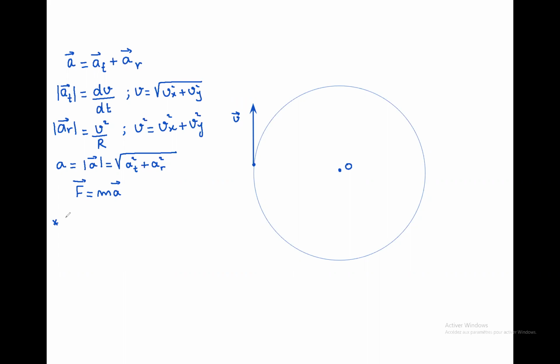By definition, V must be tangent to the trajectory. Any point you take, V must be tangent, like this, at any point.